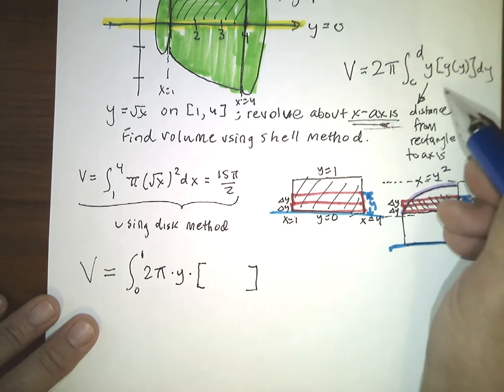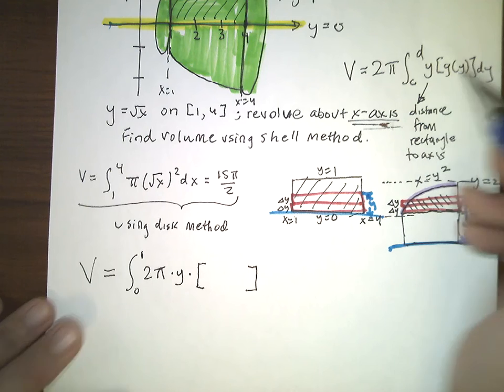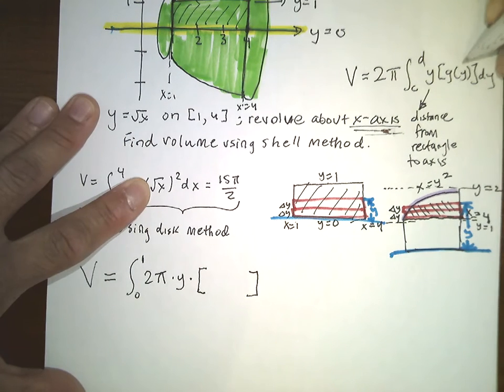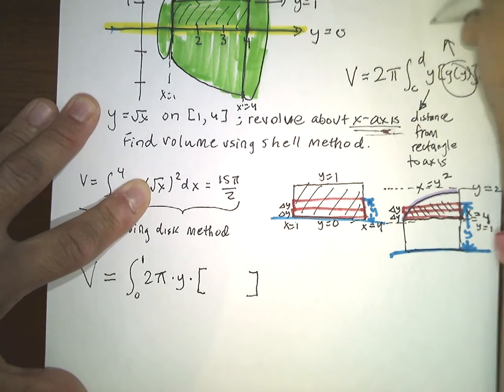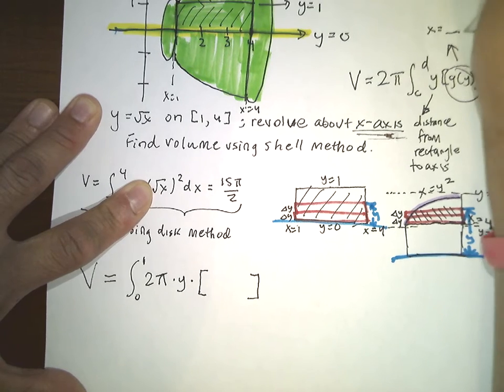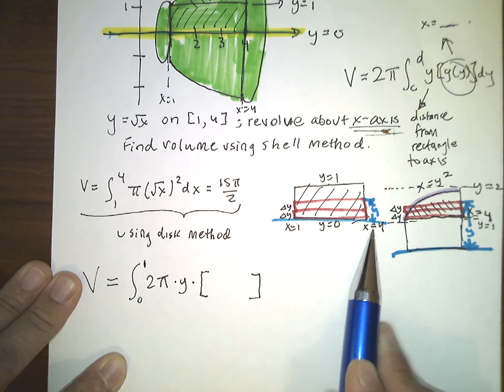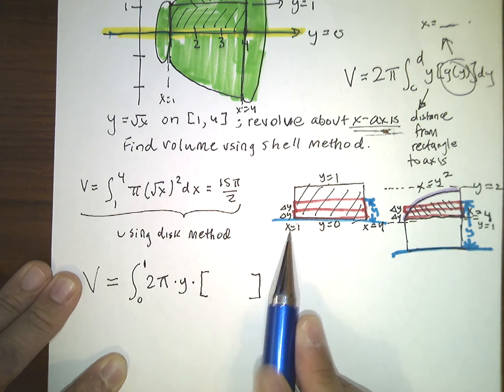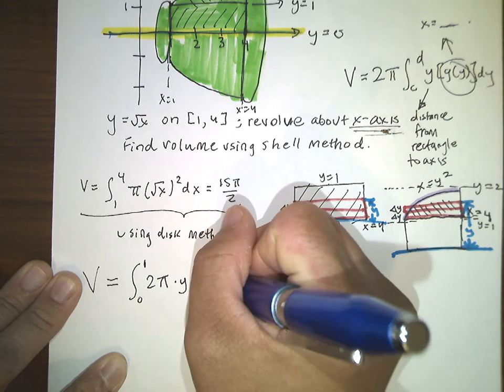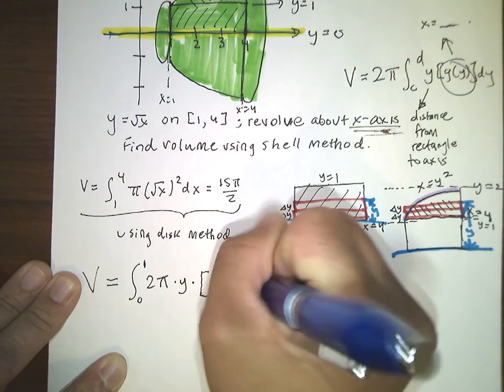Remember, these are functions in terms of y, so these are functions of the form x equals something. All right, so in this case, I go from x equals 4 to x equals 1, so I have 4 minus 1.